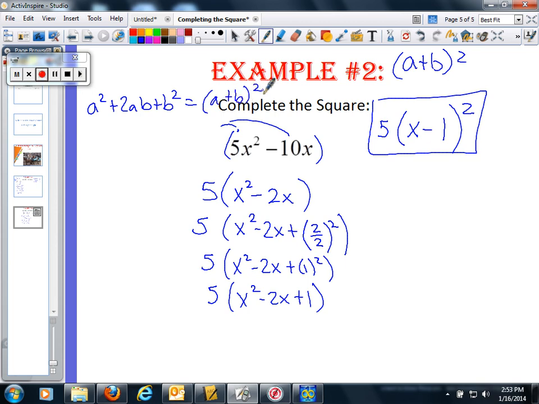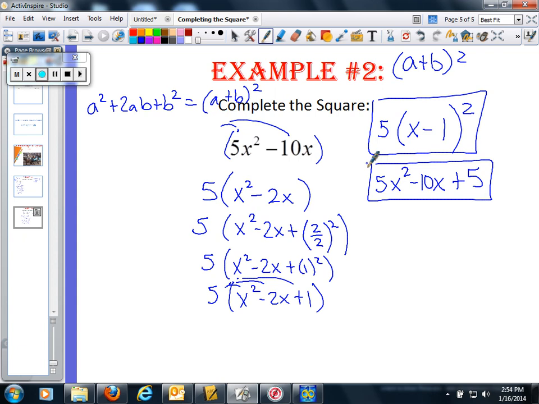Okay? I know I'm throwing another formula at you, but this is the first part of it. So this would be the factored form of our completed square. Or the other way you would write this is that you would distribute the 5 back in, which would give you 5x squared minus 10x plus 5. And there would be my perfect square.